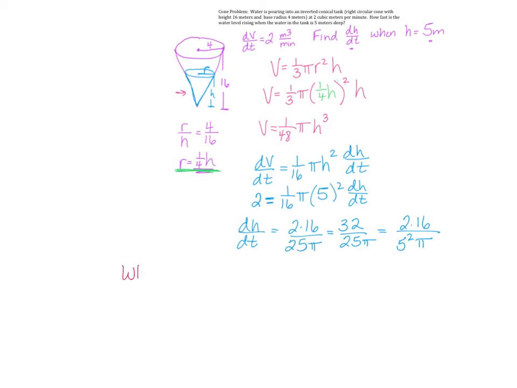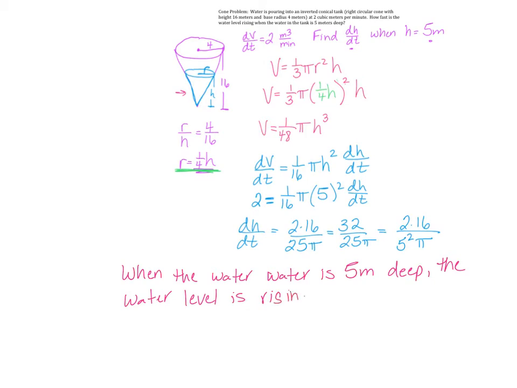Again, writing it like I did yesterday. When the water is 5 meters deep, the water level is rising at a rate of, and I'll go ahead and write the pretty version, 32 over 25 pi.